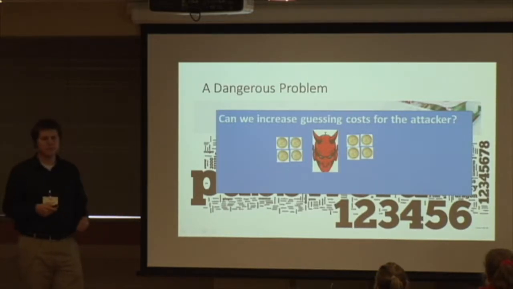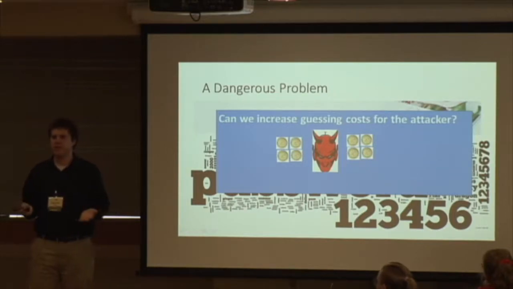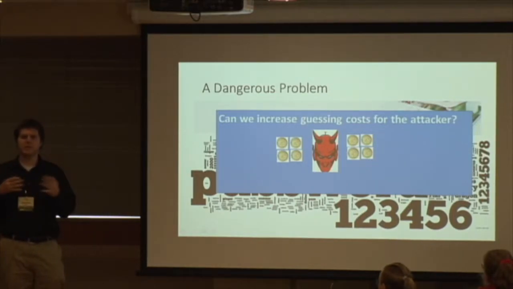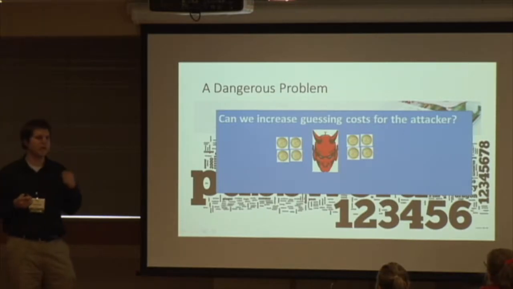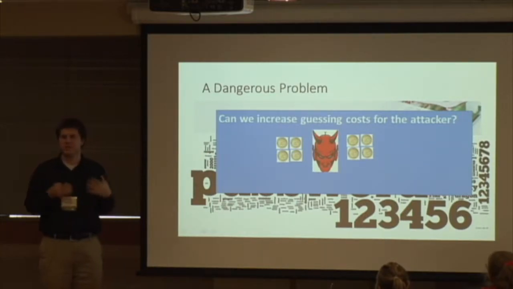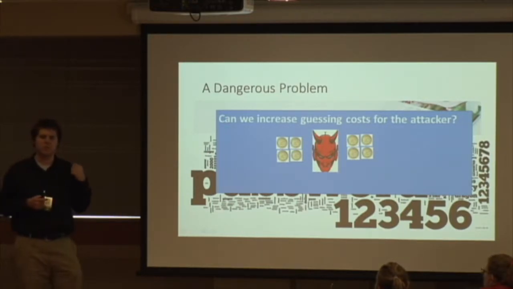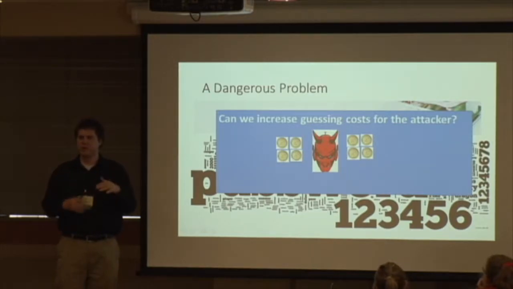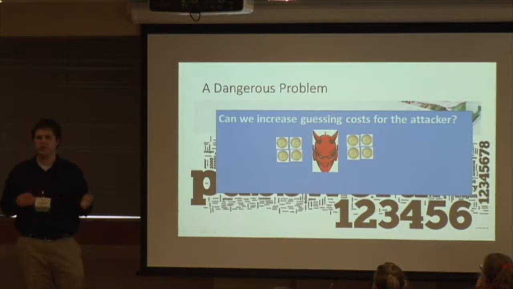So the goal is, can we actually design a function that, by design, costs a lot for the attacker to compute? So the attacker can't just sit there and enumerate through millions or billions of password guesses. Can we make this process expensive so that searching through a large dictionary becomes economically infeasible for an attacker?